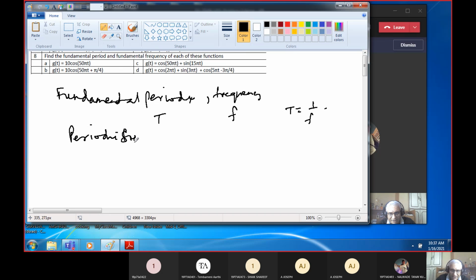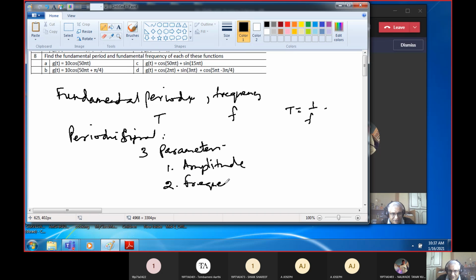this periodic signal will have 3 important parameters. What are these 3 parameters? The first parameter is the amplitude. And the second parameter is the frequency, and the third parameter is the phase.